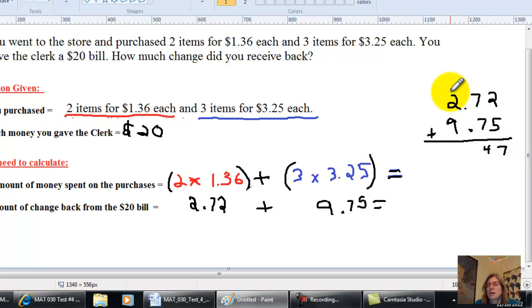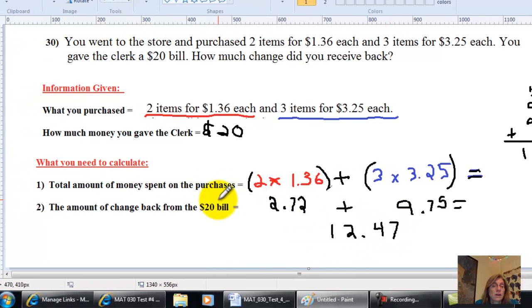Carry that 1. 1 plus 2 is 3, plus 9 is 12. And keep that decimal there. So you have $12 that you spent and 47 cents. You spent that on the items. That is the answer to this first piece, number 1, total amount of money spent on the purchases.